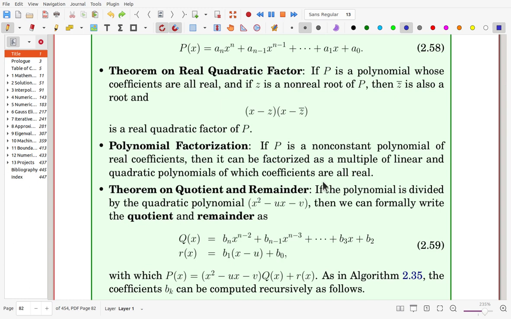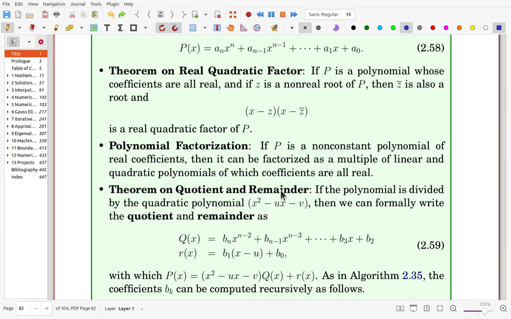Once you factorize along with the real coefficients, then partly the factors must be quadratic. If we want to go all linear, then some linear factors will have complex values.